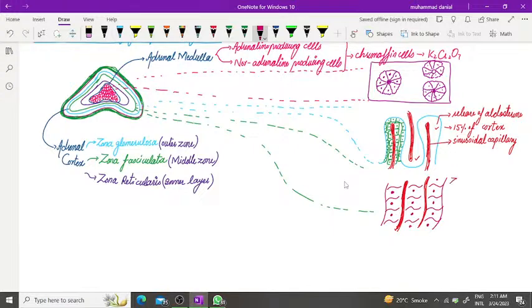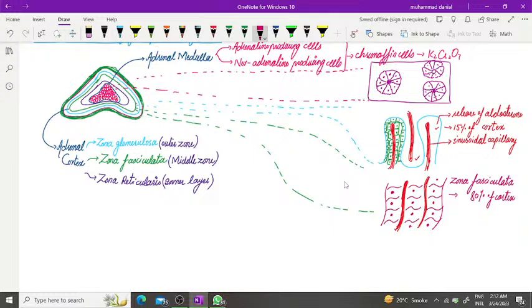Zona fasciculata contributes 18% of the cortex.